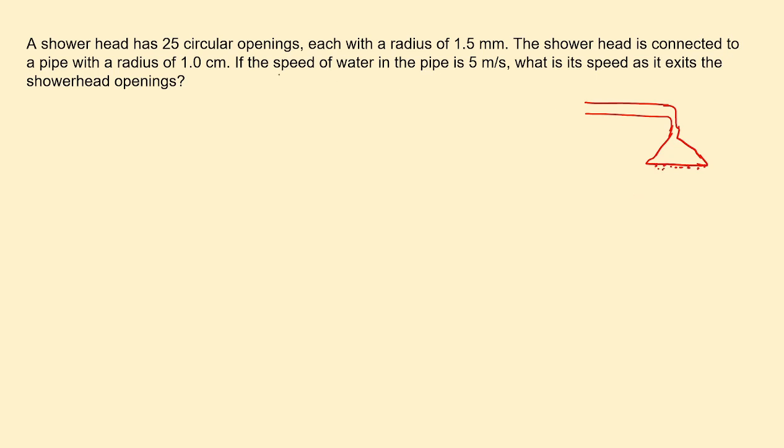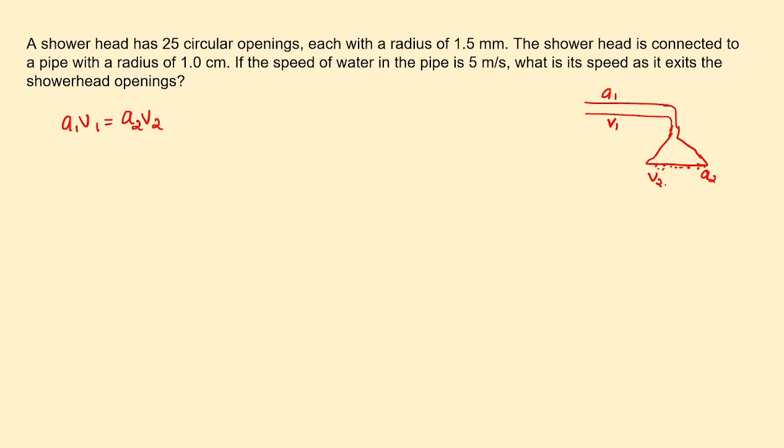Let us consider A1 as the area of cross-section of the pipe, and V1 is the velocity in the pipe. Through the very narrow openings, the total area of cross-section is A2 and the velocity at the openings is V2. So by the equation of continuity, A1 V1 equal to A2 V2.